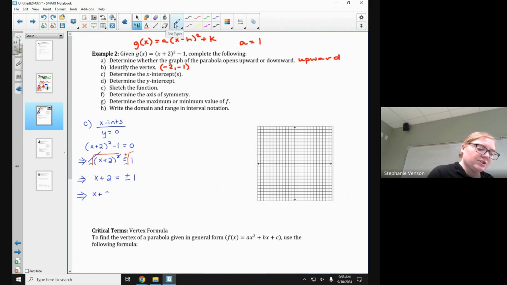So we have x plus 2 equals negative 1, and we have x plus 2 equals positive 1. And then we'll subtract 2 from both sides in both of those equations. So negative 1 minus 2 is negative 3, and 1 minus 2 is negative 1. So we have x-intercepts of negative 3 and negative 1. So I'm going to write those up here as coordinate points: negative 3, 0, and negative 1, 0.